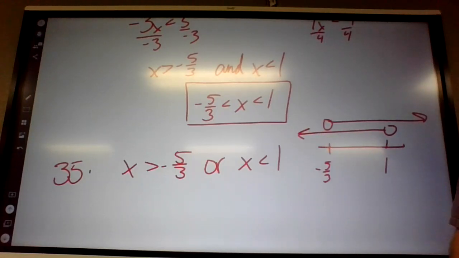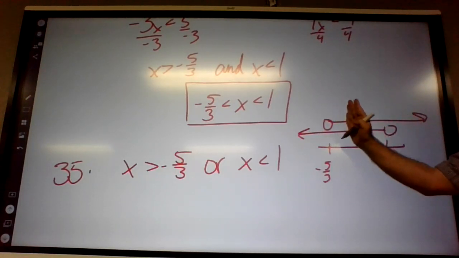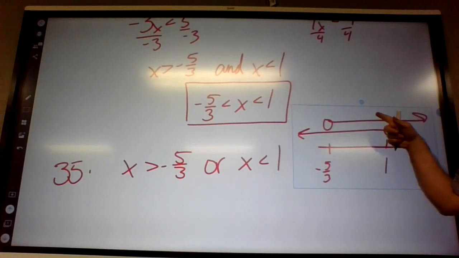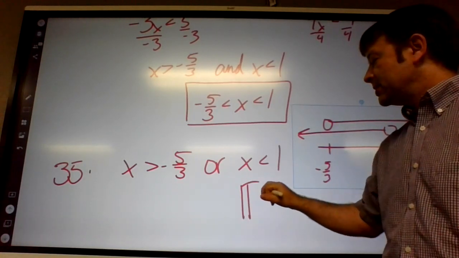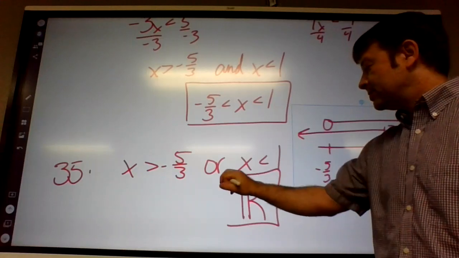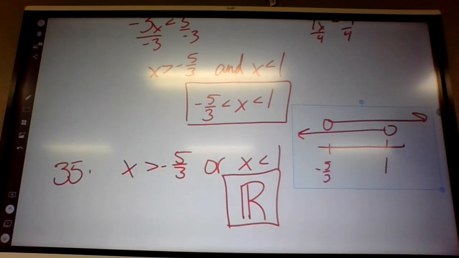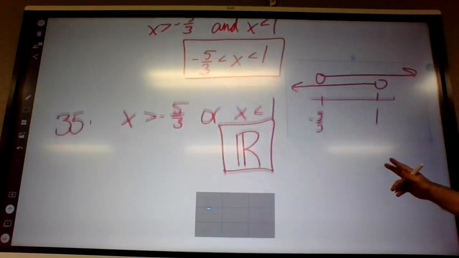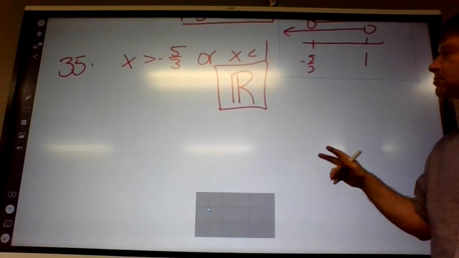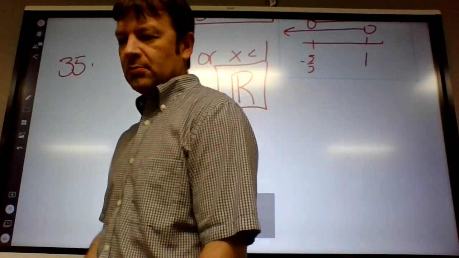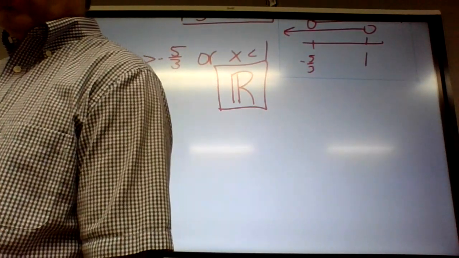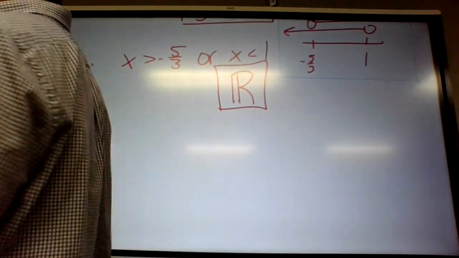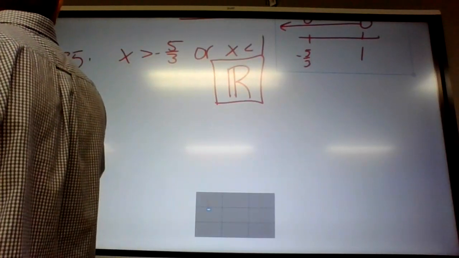All real numbers. Because it's an or, it doesn't have to be both of these. It can be either. So either of them cover every possible number. So the answer is all real numbers. Okay, that was 37.